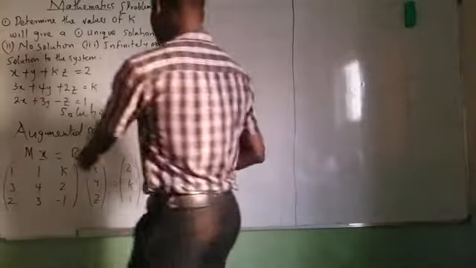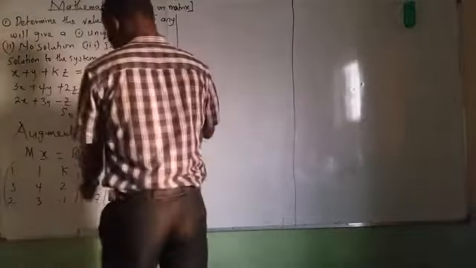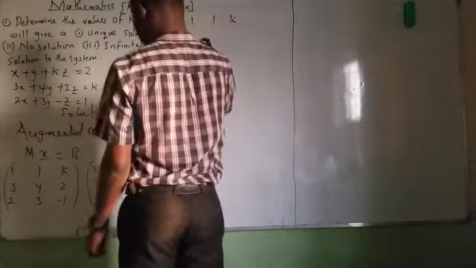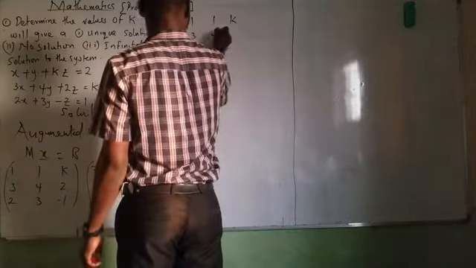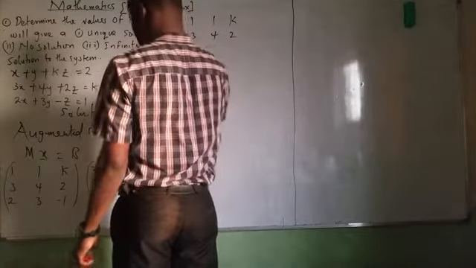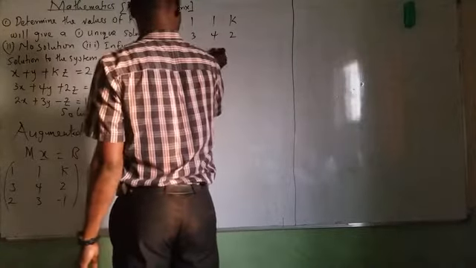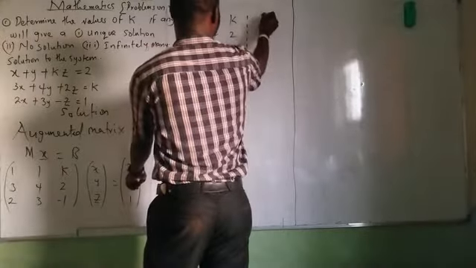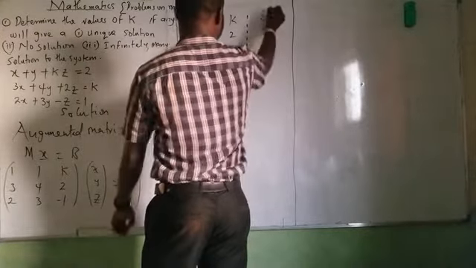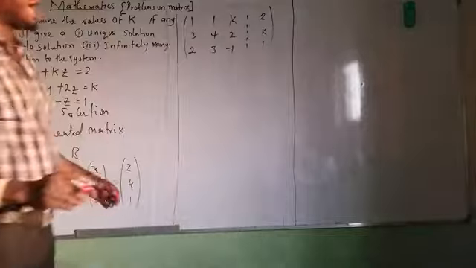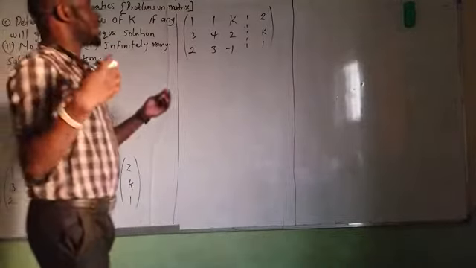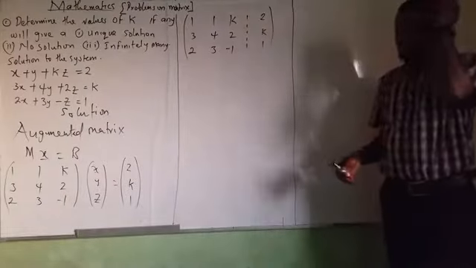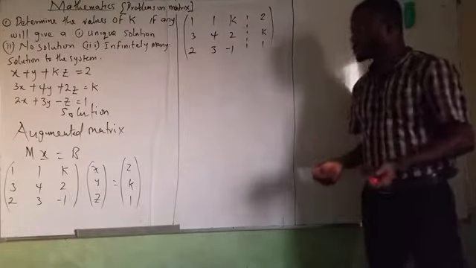Now, I want to generate my augmented matrix. My augmented matrix is going to be 1, 1, 2, 3, 4, 2, 2, 3, minus 1, and this is my augment, which I will have 2, k, and 1. Now, I will run with the Gaussian elimination method, which will be easier for me to handle.